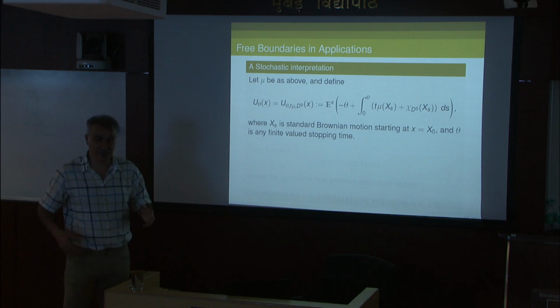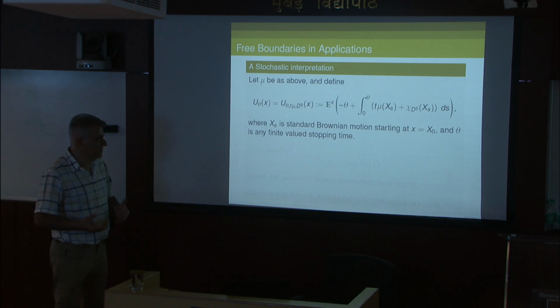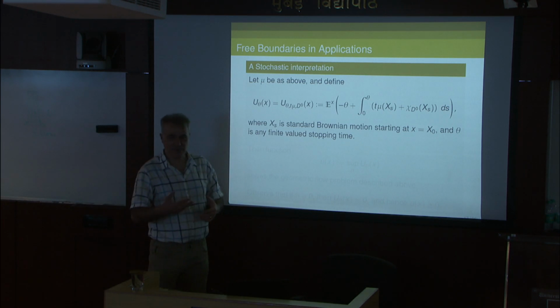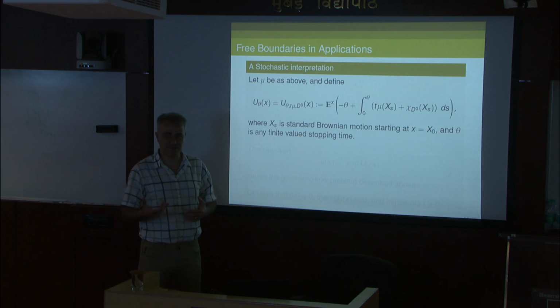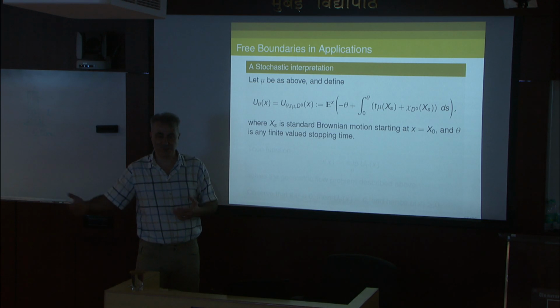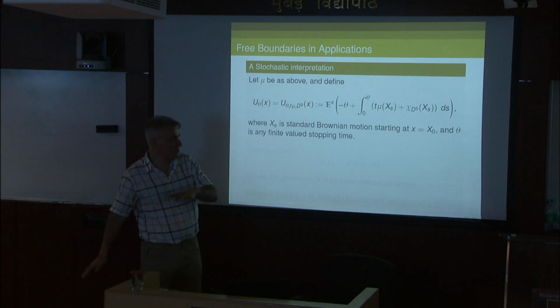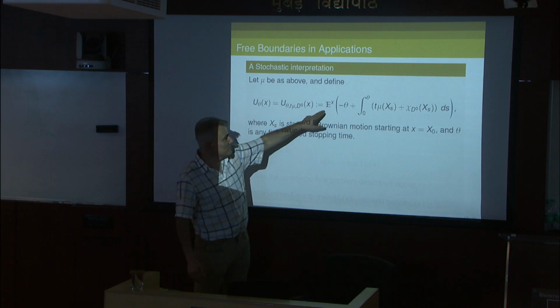Let me not go into that. A stopping time is a kind of random variable whose level sets are measurable sets, in the sense of the probability space that you will see only in relation to the expected value.